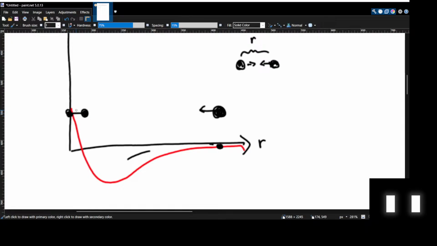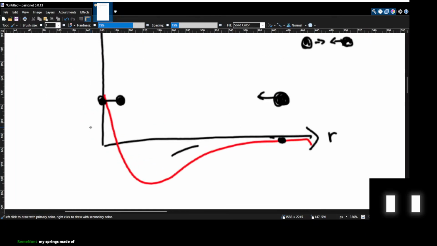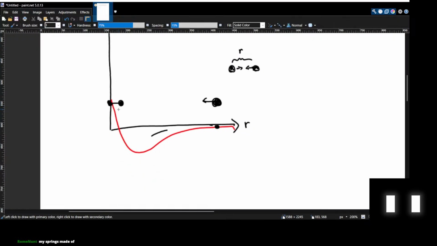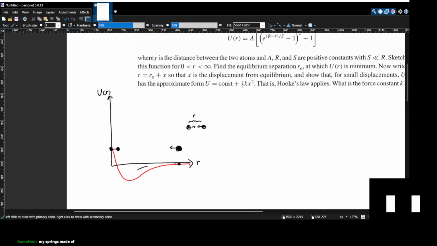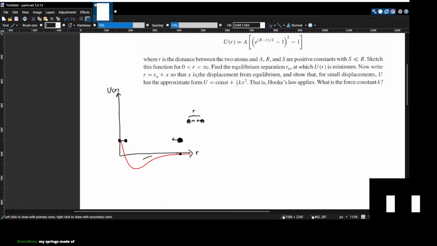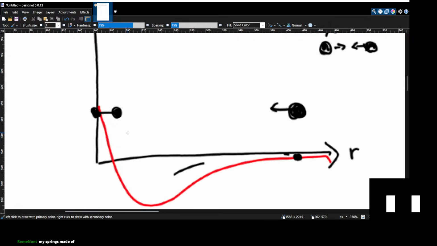Now the protons are pushing. No, is it the proton? Probably both, probably just the electron. It depends on what my spring is made of. No. The springs are in fact made of quantum fields and stuff.